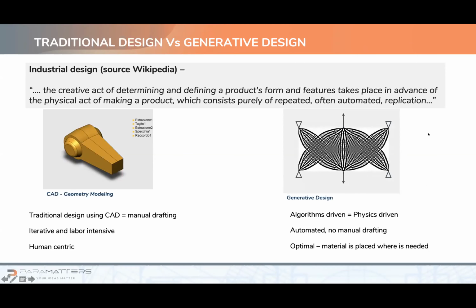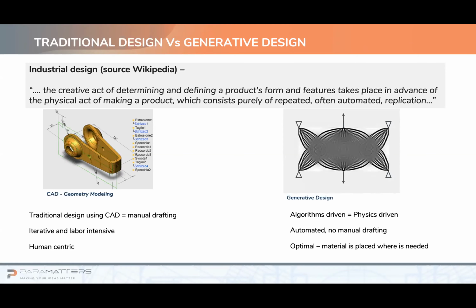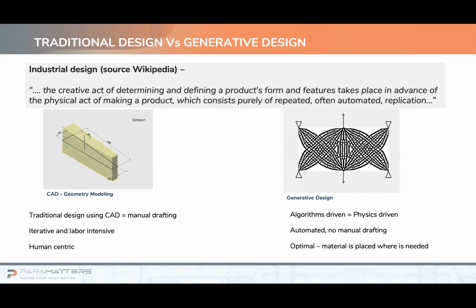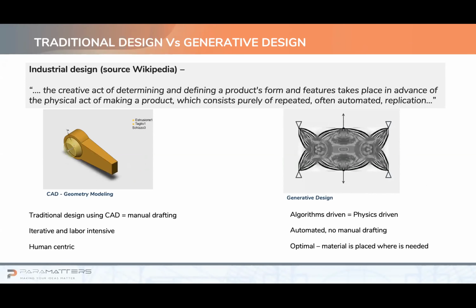Now, talking about generative design, I would say there are different formulations and definitions of what generative design is. My definition is algorithm-based design. At Paramatters, our algorithms work based on physics, based on finite element analysis, based on mathematical programming, optimization algorithms.